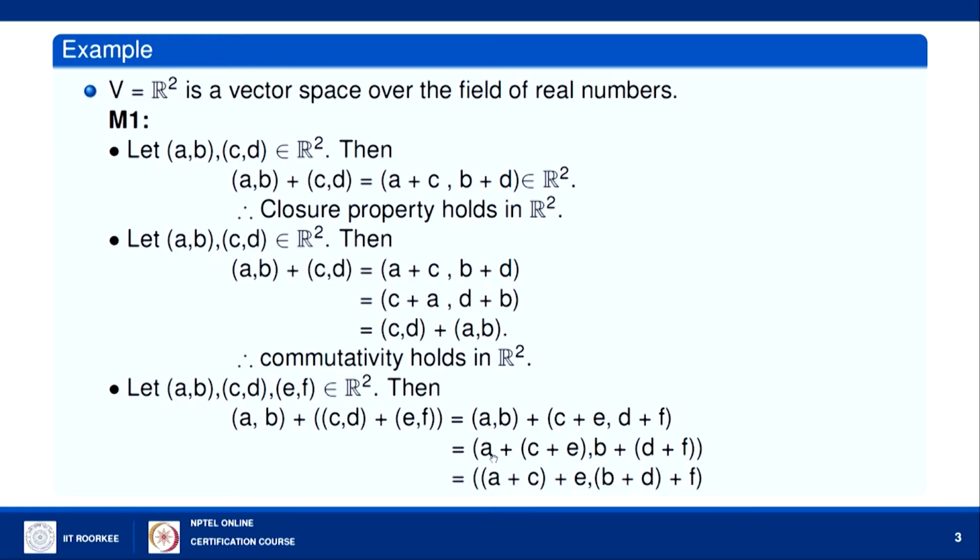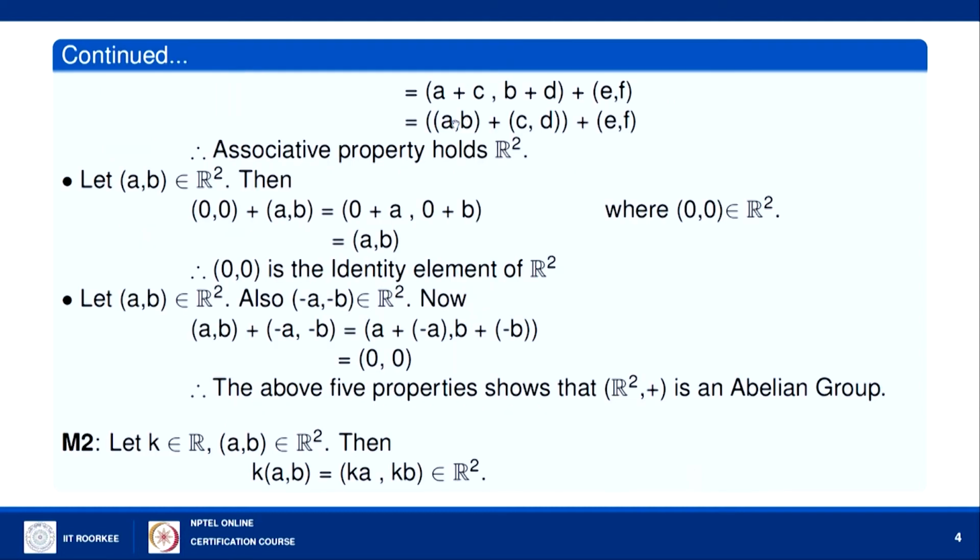Since these are scalars, these are real numbers, they satisfy the associative property. So, (a + c) + e I can write as a + (c + e). Similarly, (b + d) + f, I can write as b + (d + f). So, hence it becomes (a, b) plus ((c, d) plus (e, f)). Hence, the associative property holds in R2.